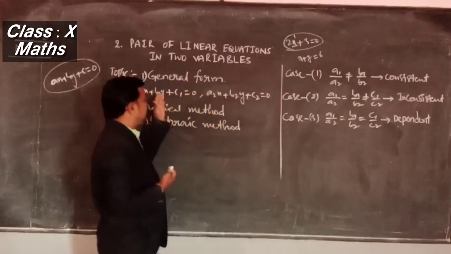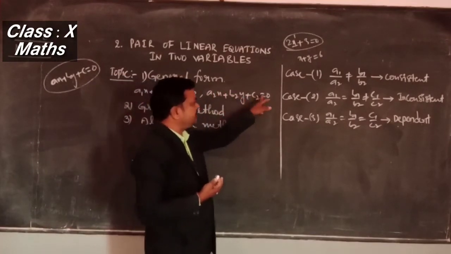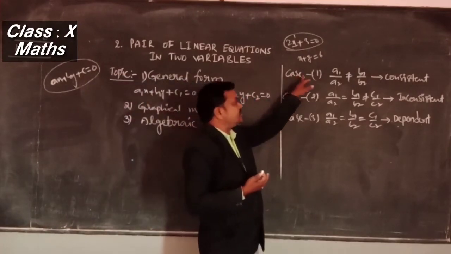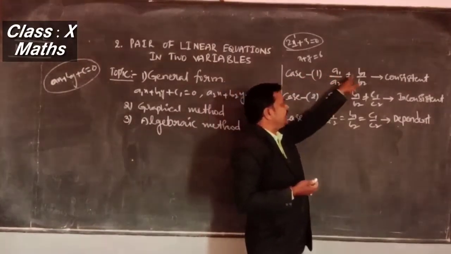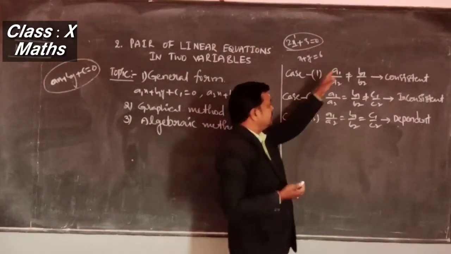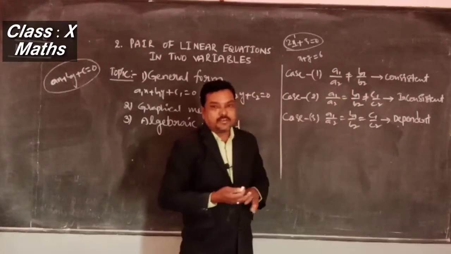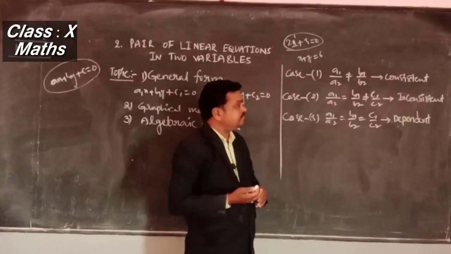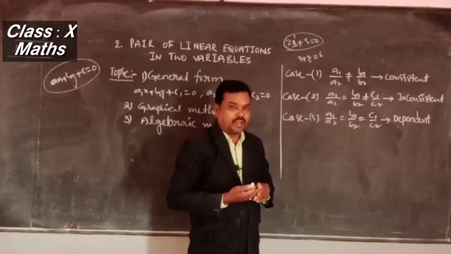Take a1x plus b1y plus c1 equals 0 and a2x plus b2y plus c2 equals 0. In the first situation, a1 by a2 does not equal b1 by b2. Here a1, a2 are the coefficients of x, and b1, b2 are the coefficients of y.